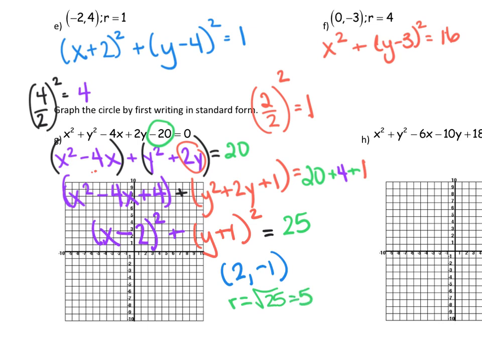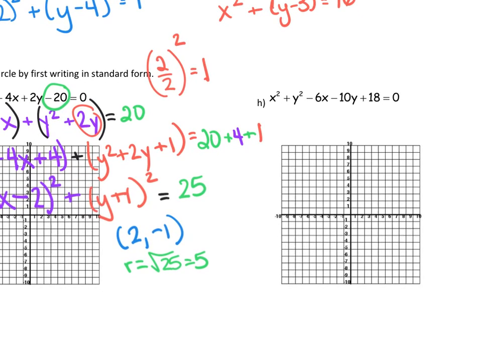And then I can graph this function. In order to graph this function, here's what I do. I'm going to plot the center at 2, negative 1. And then I use the radius to go up, down, right, and left.